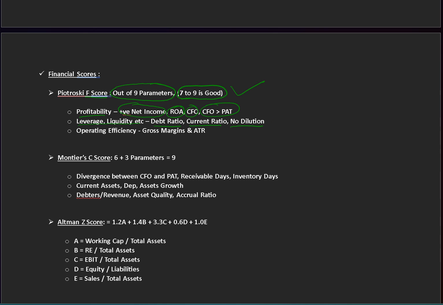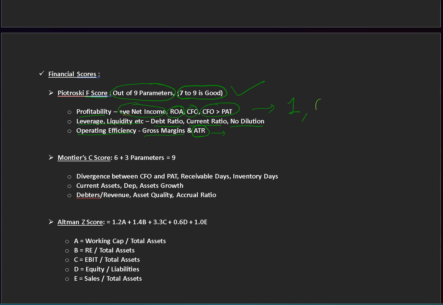Okay. Now third is the operating efficiency. So how is operating efficiency measured? It is measured through gross margins and ATR, the asset turnover ratio. So whatever factor is positive for the company, it will give a score of 1.